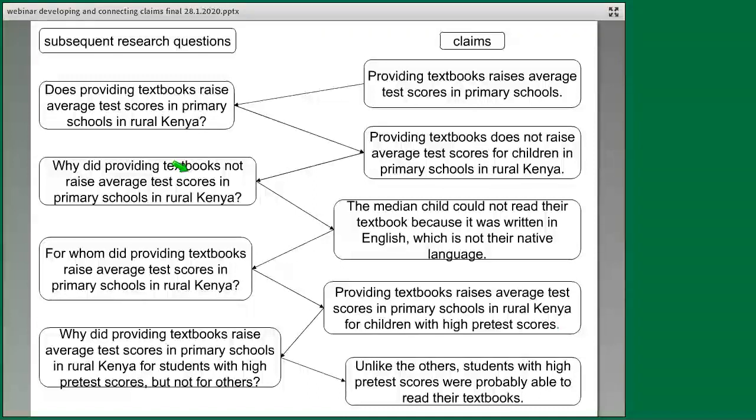And then they had an explanation, and then they asked themselves, for whom did providing textbooks perhaps still raise average test scores? And after they found an answer to that, then they asked, why did providing textbooks raise average test scores for some but not for others? So the research question was really following what happened in the study.